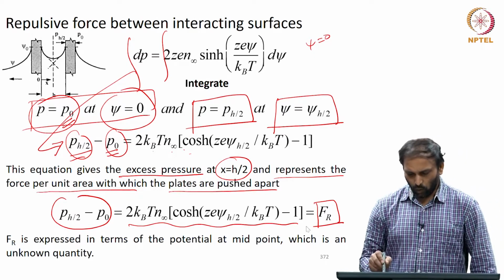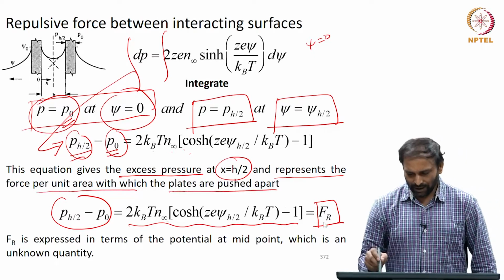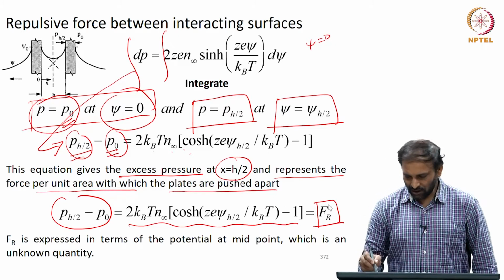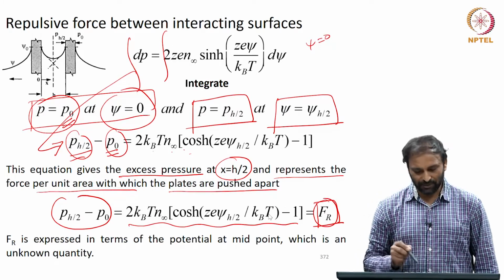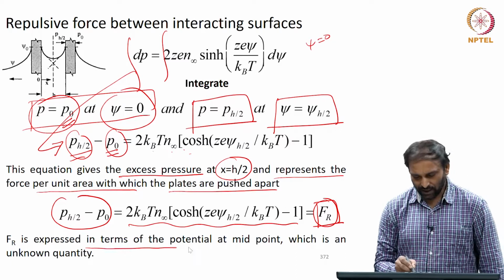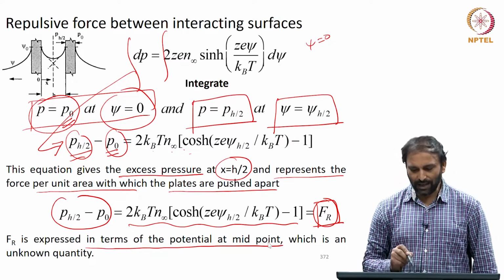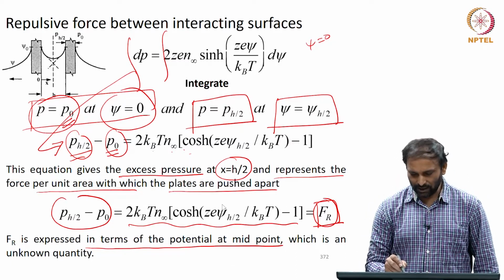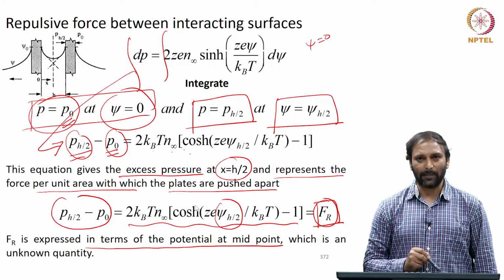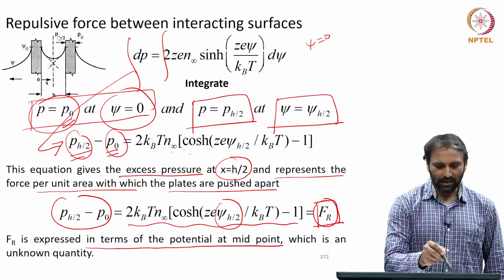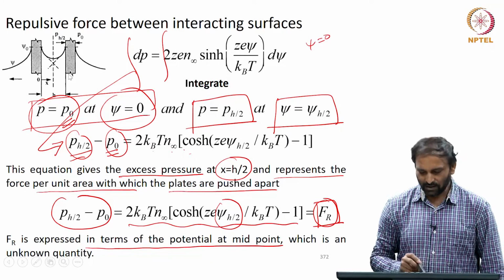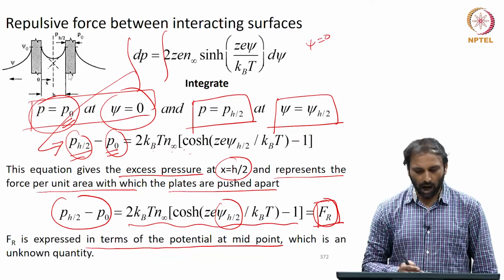So, therefore, what we are trying to do here is that if you look at this expression F of Fr, which is the force of repulsion, it is expressed in terms of the potential at the midpoint. That is, it is expressed in terms of psi at h by 2, the potential at the midpoint between the two plates, and of course, this is an unknown quantity.